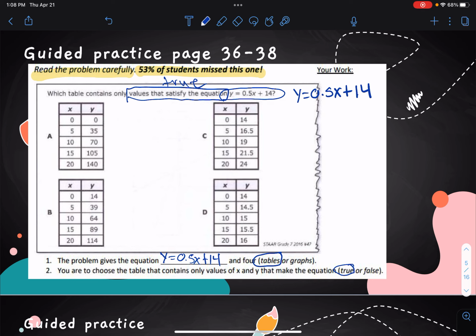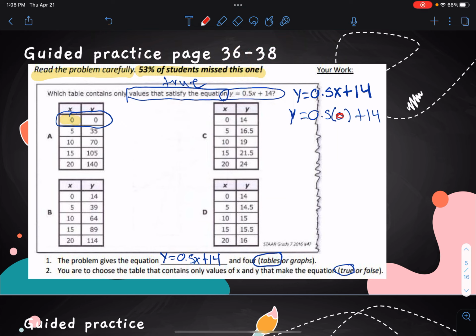They all start with 0, so I'm going to plug in 0 for my x value and see if I get my y value as the answer. So y equals 0.5, and my x value here is 0. So I am going to plug in 0 for my x, and then plus 14.